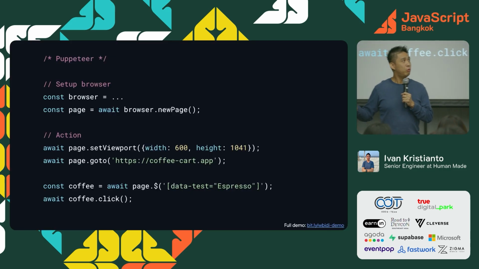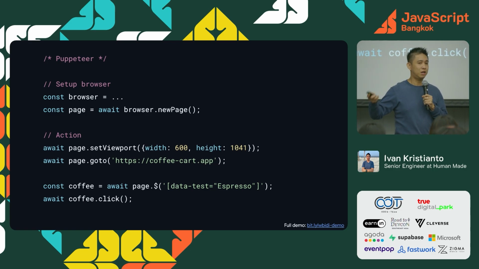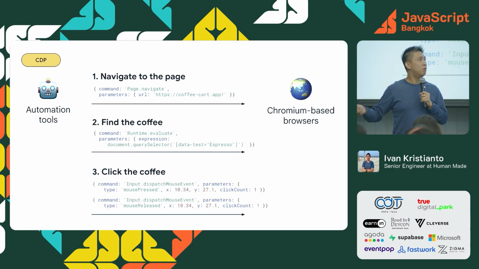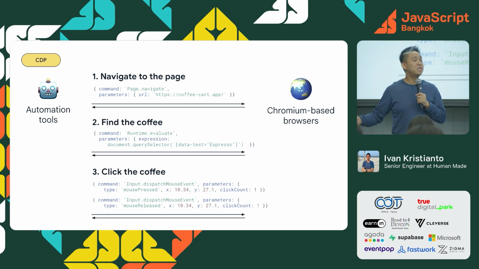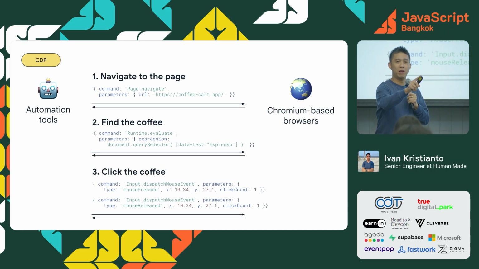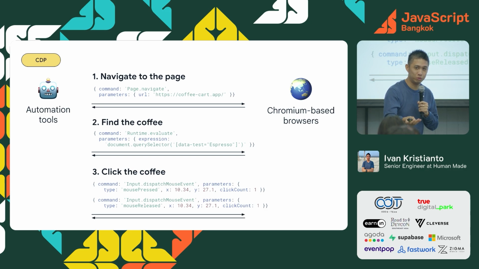How we set up Puppeteer is the same. We set up the browser, and we ask the browser to go to the URL and click it. Behind the scenes, it sends all the commands at once, without waiting for a response.